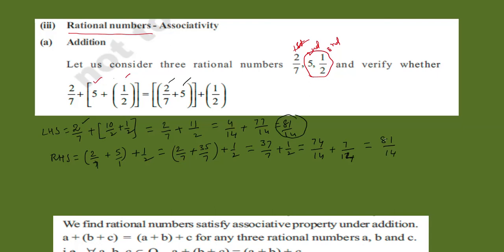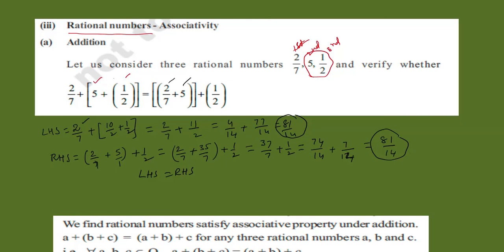Finally, what is your observation? 81 by 14 and 81 by 14. Whatever the order may be, we got the same result. That means LHS is equal to RHS. Then what we can say? Rational numbers are associative in addition. Here you can take any three rationals, not only these three.